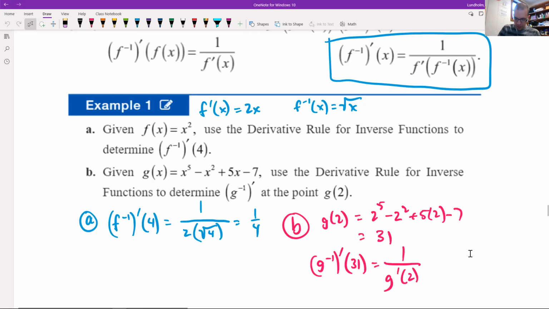Oof. g prime of 2 would be 5 times 2 to the 4th, just using the power rule here, minus 2 times 2 plus 5. And I guess that would be the end of it. So this becomes 5 times 16, which is 80, minus 4, which is 76, plus 5 is 81.